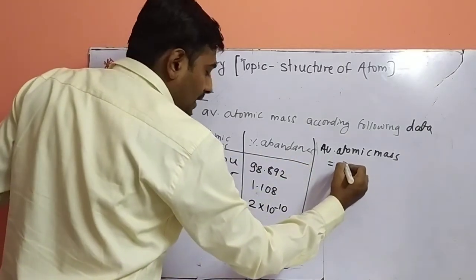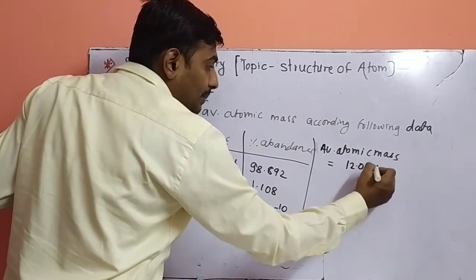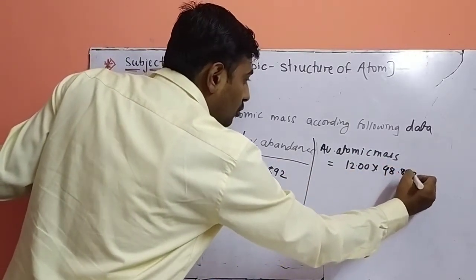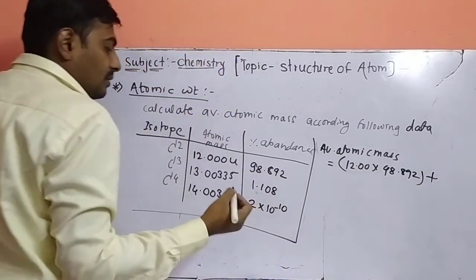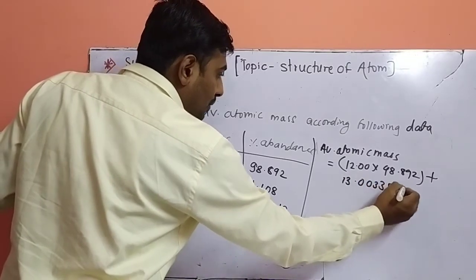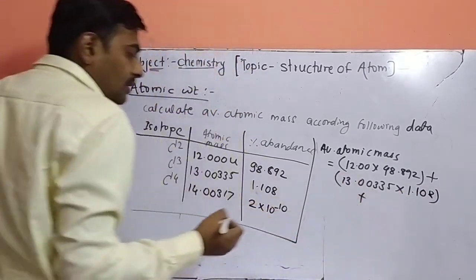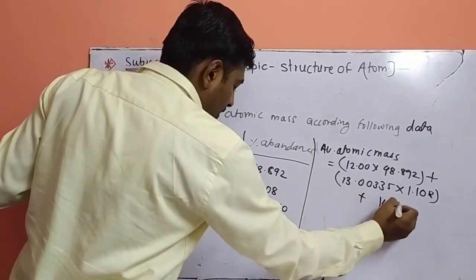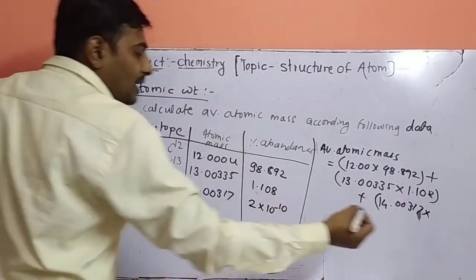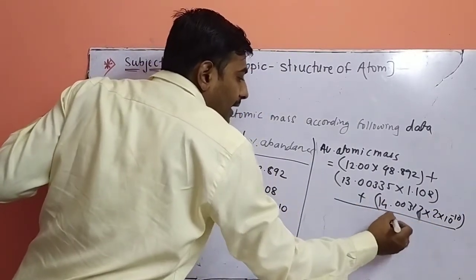So the average atomic mass is 12.00 multiplied by its abundance 98.892, plus second, 13.00335 multiplied by its abundance 1.108, third, 14.1 0.03117 multiplied by its abundance 2 into 10 raised to minus 10, whole divided by 100.